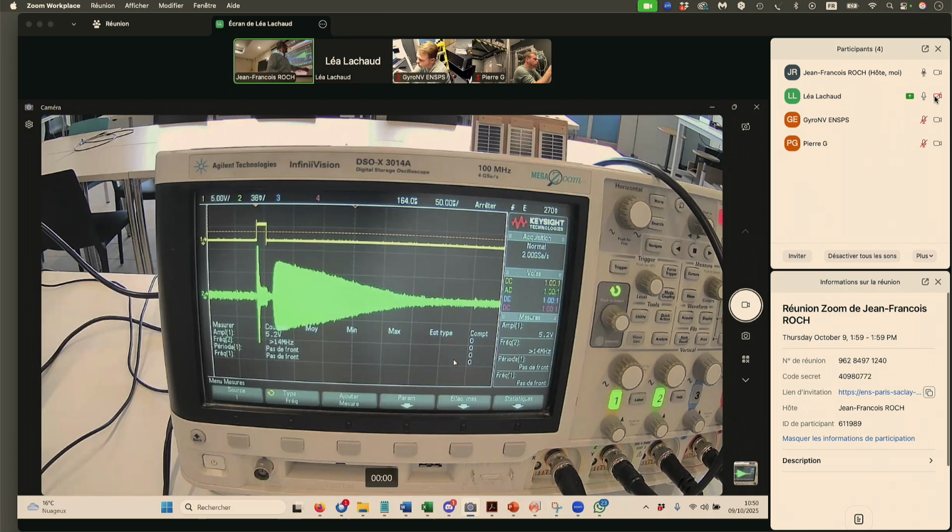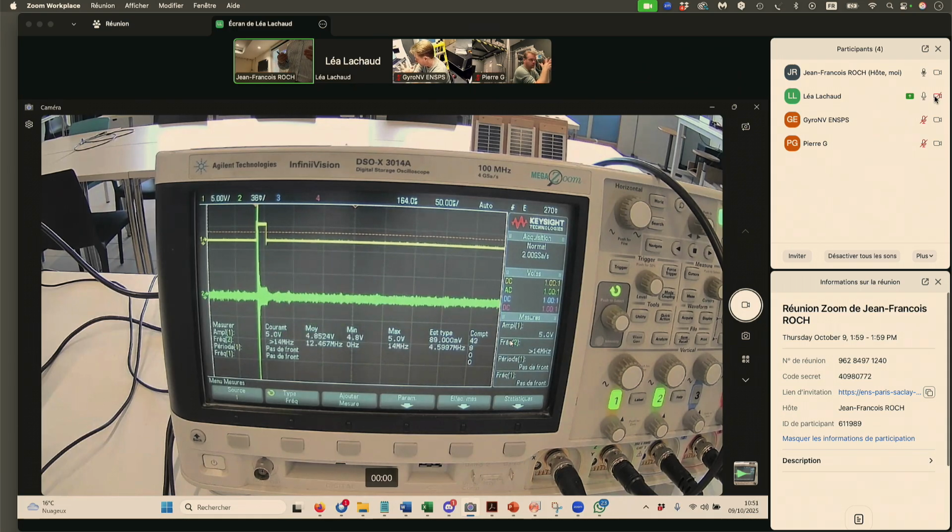Basically, they put an electronic gate that blanks the signal during that window. Otherwise, it's very high and it will saturate the amplifier. So it's just a way to avoid saturation of the amplifier due to crosstalk.